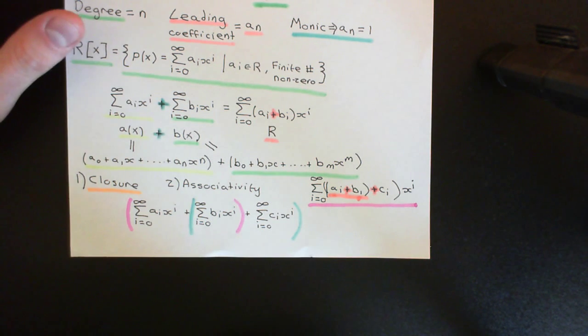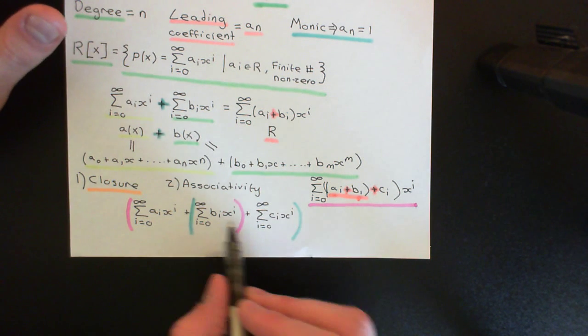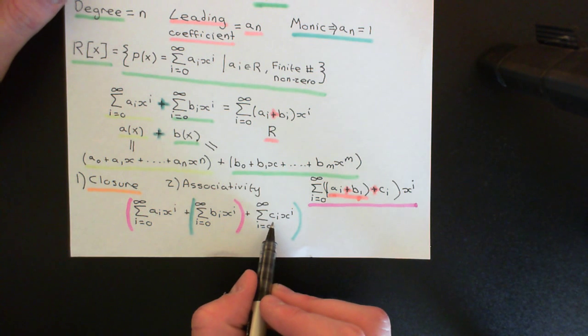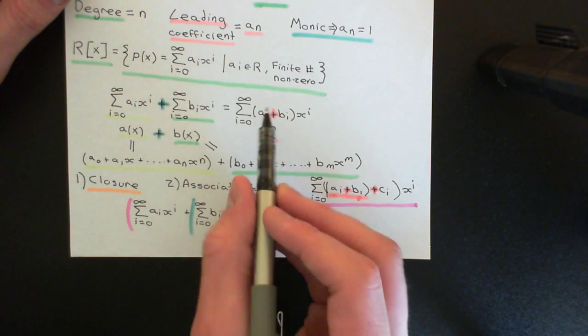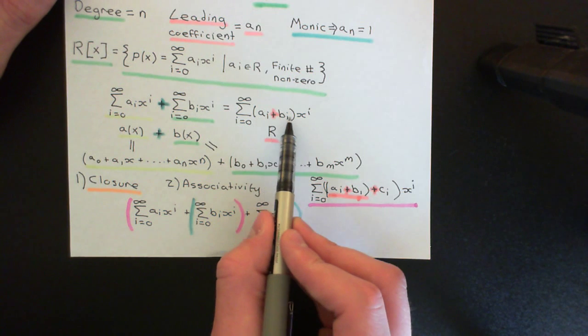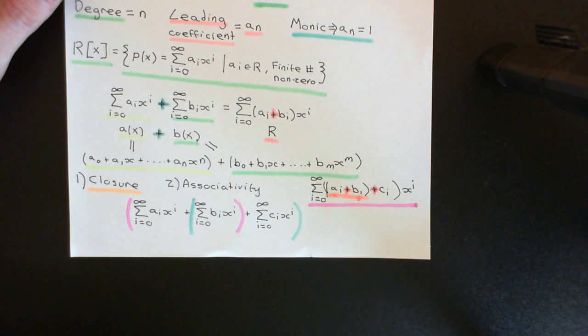Okay, so if we do it the turquoise way, we will firstly add the b polynomial to the c polynomial, and we'll get something of this form. The sum from i equals 0 to infinity, but this time it will be bi plus ci times x^i.